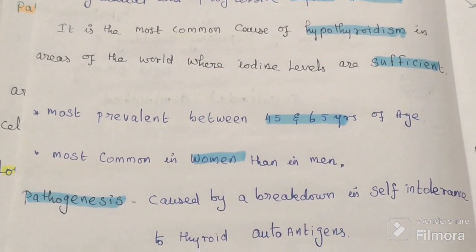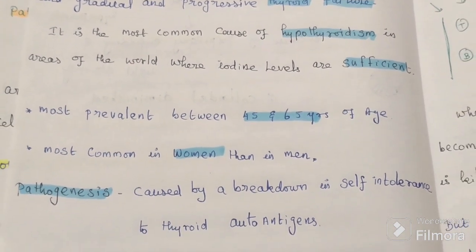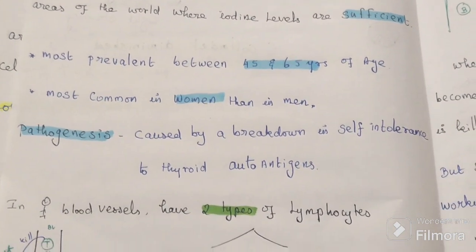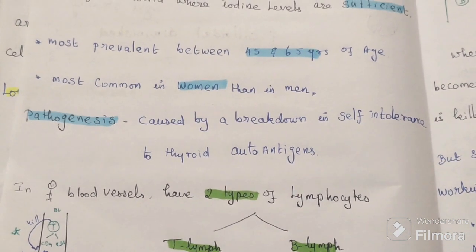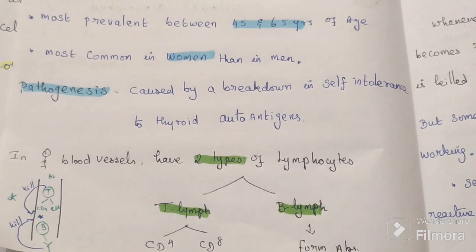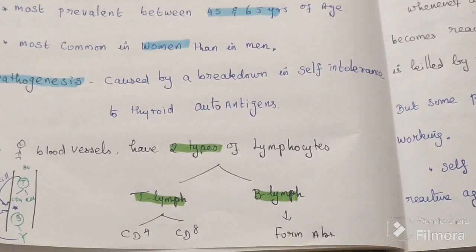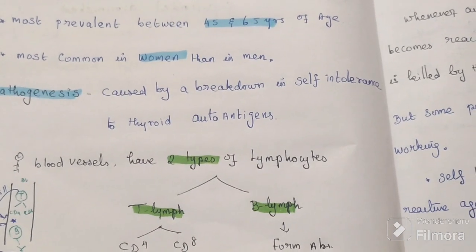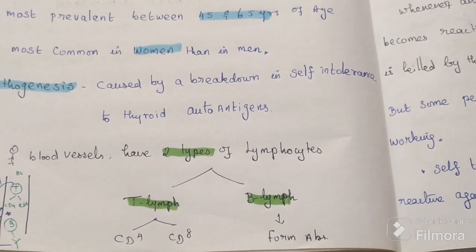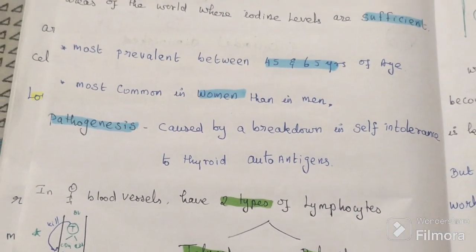Self-tolerance. In human blood vessels, we have two types of lymphocytes: B lymphocytes and T lymphocytes. T lymphocytes have two types of cells, CD4 cells and CD8 cells. The B lymphocytes produce antibodies.